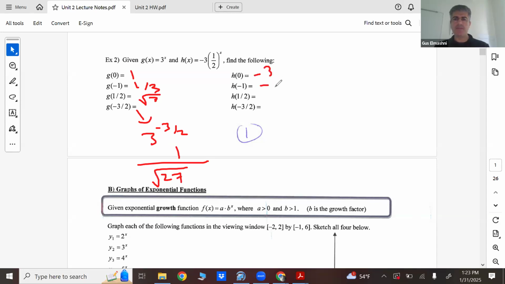That's -6. That's -3 over root 2. And that's -3 times root 8, I think.